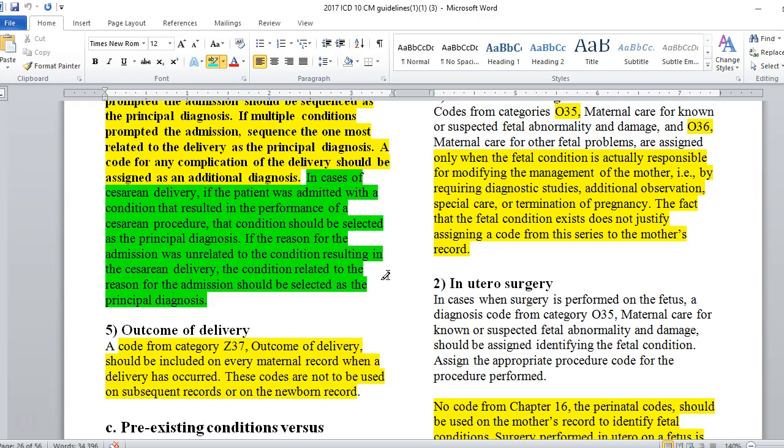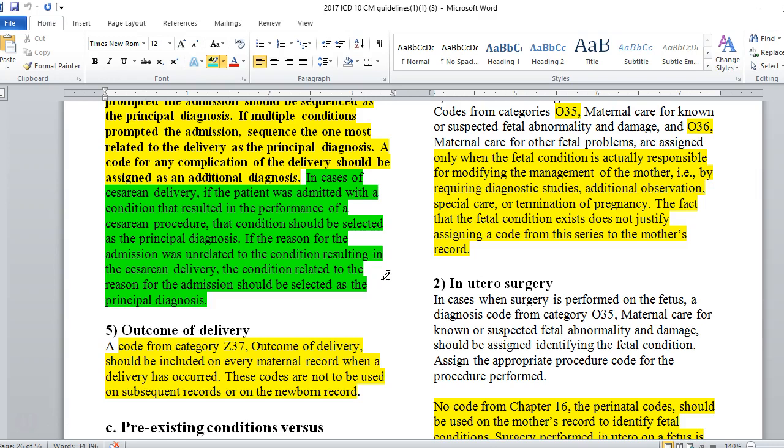Now, when a woman gives birth, the first code is going to, again, be the reason for the delivery, and then any other problems and complications, then an outcome of delivery code. So the O codes are saying, how did mom deliver? What were the complications?